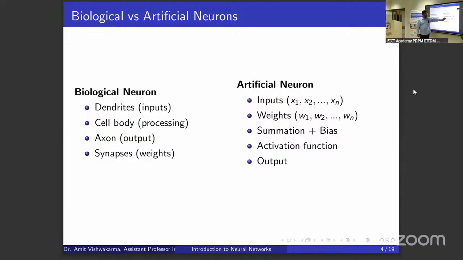And what this bias term is, we will see later in the later slides. Then the activation function. Summation and bias, then the activation function, is basically the processing. And we get the output, which in the biological case is the axon.